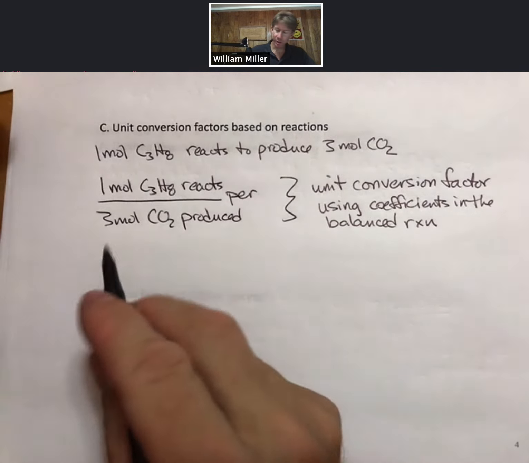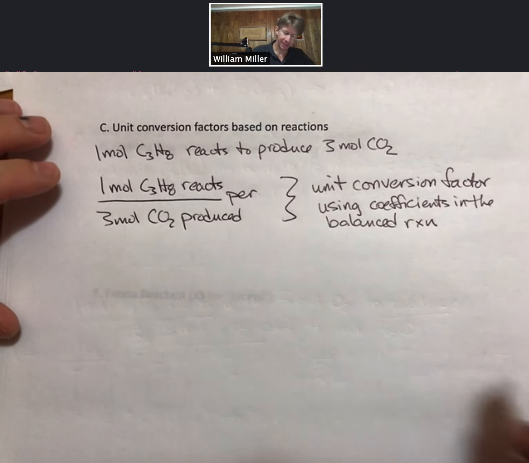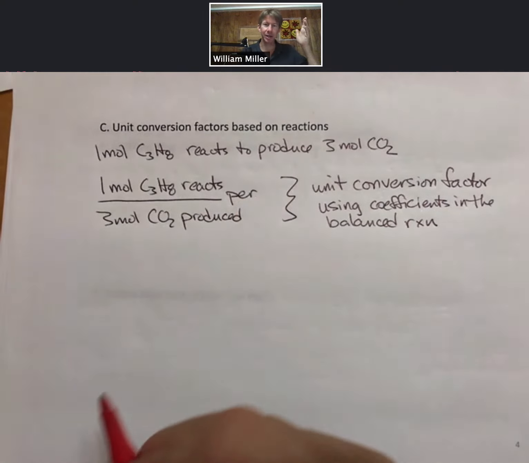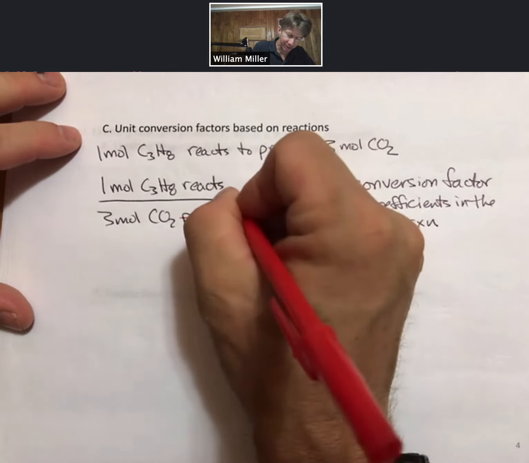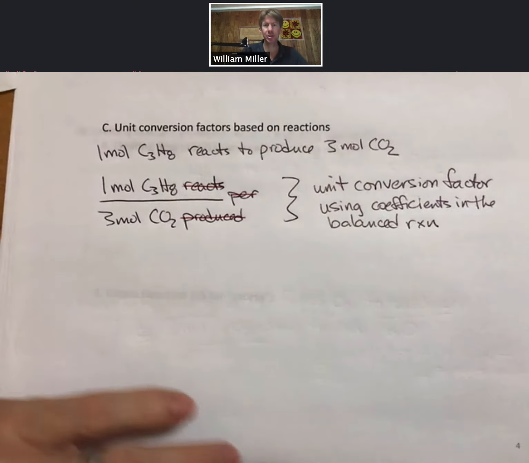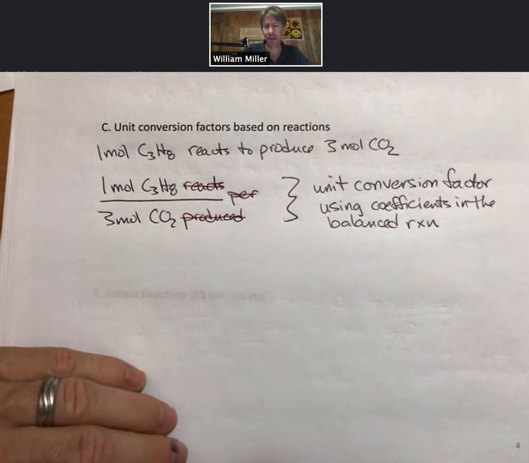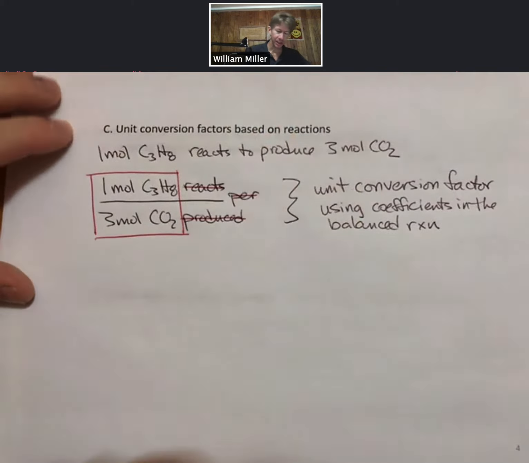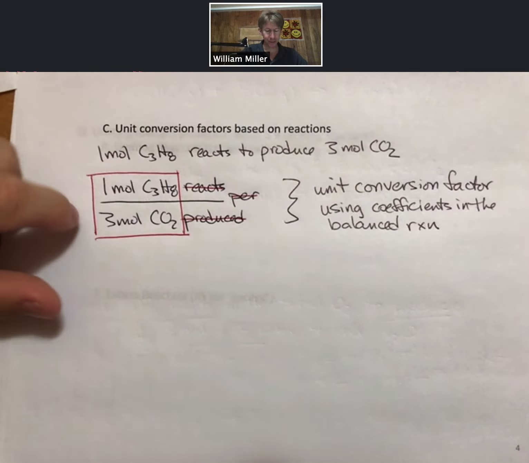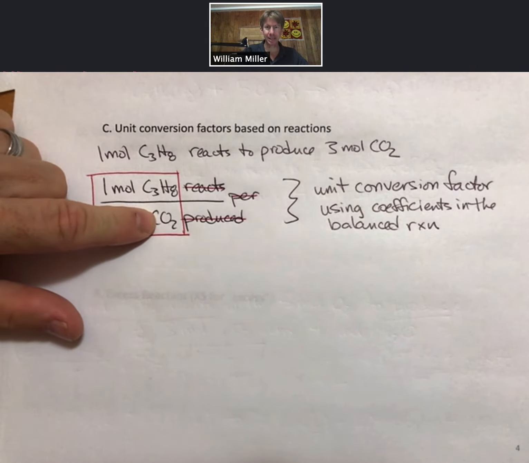And we will shorten this. So this is sort of how we think about it, or how I think about it in my head. But we will take all these words out when we do unit conversion factors in future problems. So we will just write 1 mole C3H8 over 3 moles carbon dioxide.